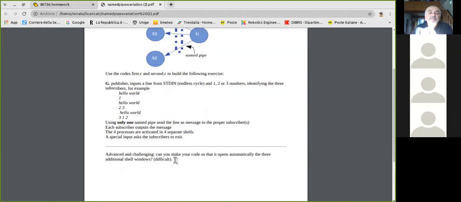But another possible clue is: can you make your code so that it opens automatically the 3 additional shell windows? I say difficult because you have to find out the way. It's an interesting feature in general in POSIX.